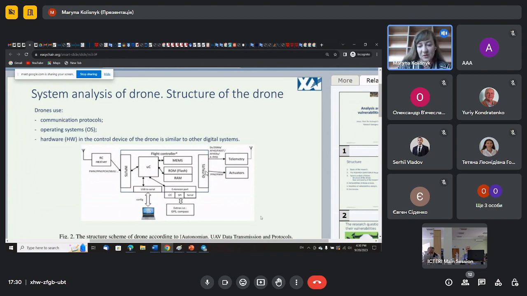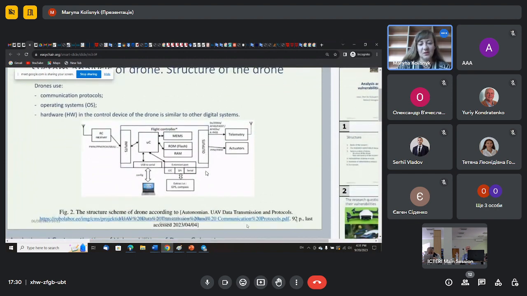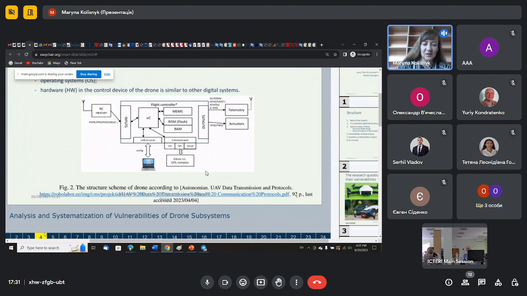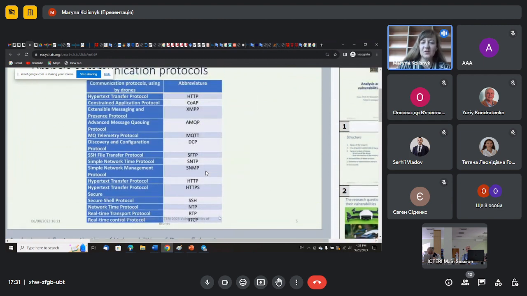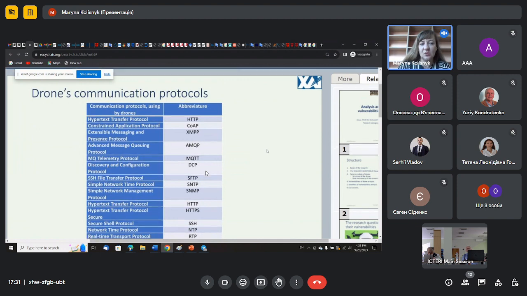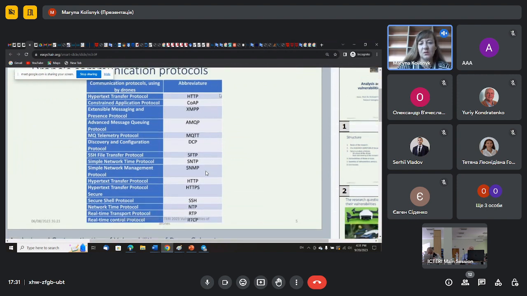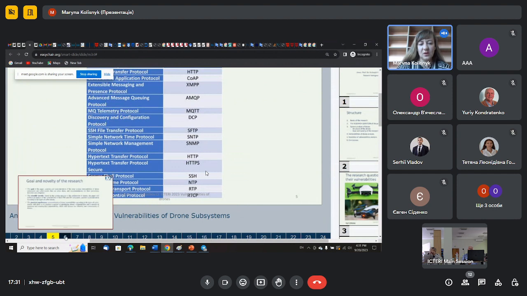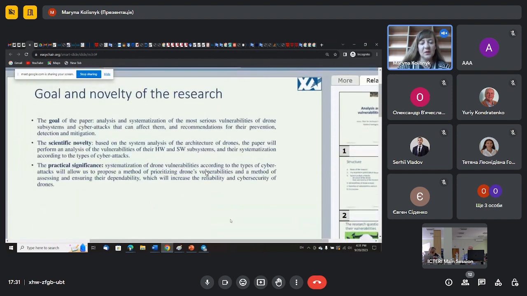We found that vulnerabilities can be used for successful cyber attacks on the hardware and software of these drones. On the slide we can see drone communication protocols. These protocols are famous and can be used here. This is only an abbreviation of them. Also, we can find in the paper information about other protocols and their vulnerabilities.